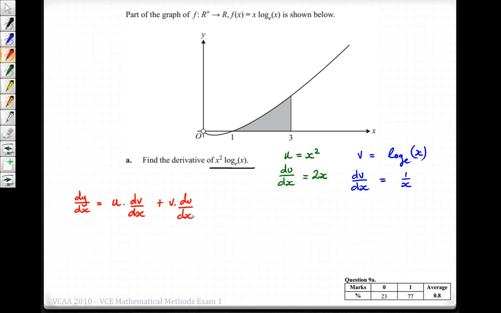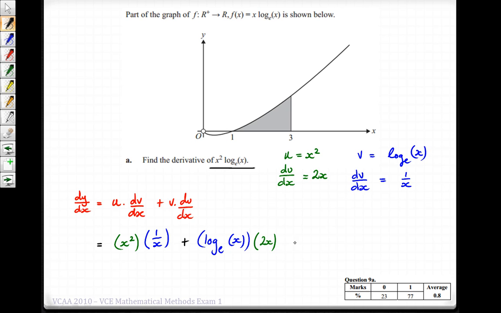So here we have u as being x squared, and we're going to multiply that by 1 on x, and then we're going to add on to that our v value, which is log e of x, multiplied by our du dx, which is 2x.